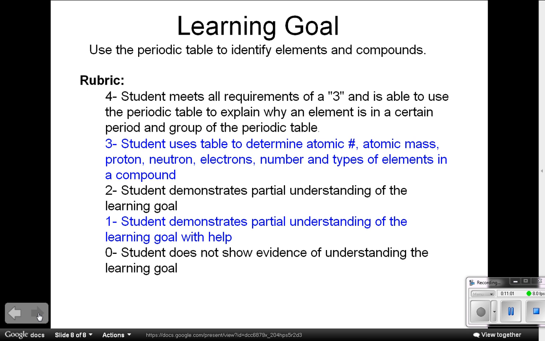We will go over compounds a little more, and how they can be read and understood, in class. But hopefully you are almost, if not all the way, at level 3. Going above and beyond level 3, you are understanding why groups and families are the way they are, and why elements are organized the way they are in the periodic table.